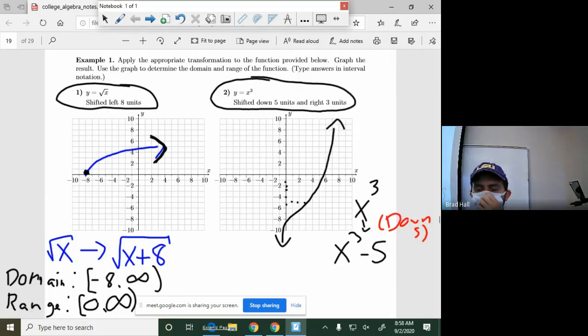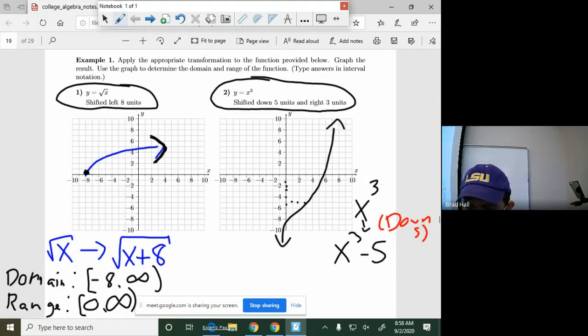And that means going left or right means we have to add to the x directly, not indirectly like the 5 is doing. And it has to be the opposite. So to go to the right 3, we would have to subtract 3 from x.